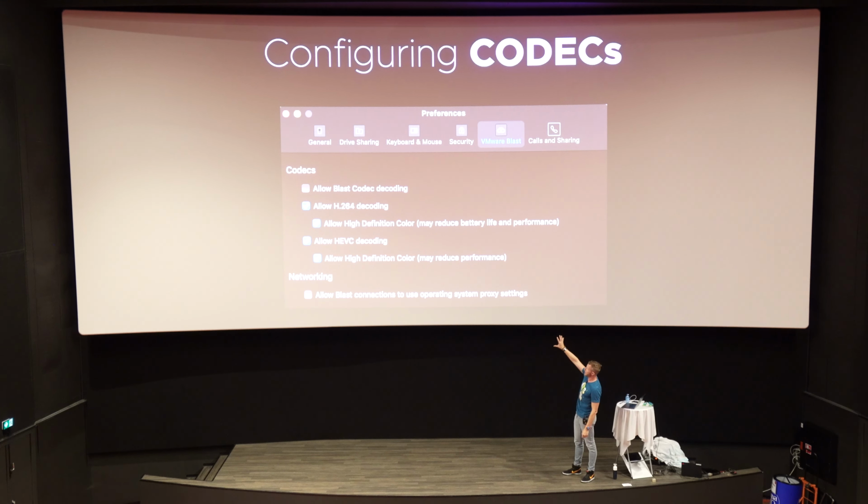And this is a Mac, but the only thing you need to configure is, am I gonna allow it or not? So if you disable the 4 that are right now marked and only have allow blast codec decoding on, you won't get that high quality end result within your virtual desktop session. So make sure to configure the codecs that you want and that you need to have decoded on the endpoint.